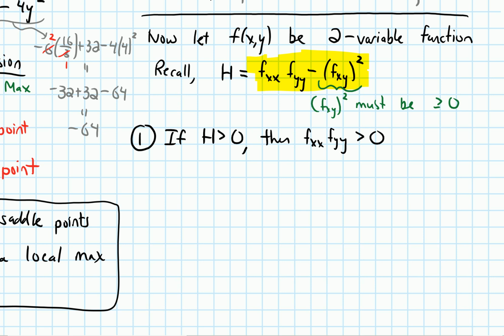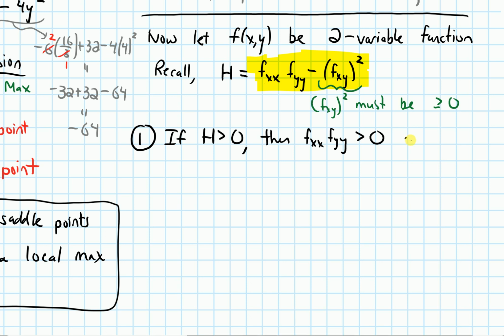Because if it was negative, you'd get a negative number minus this positive value, which would end up being negative. Okay, so fxx times fyy has to be positive.